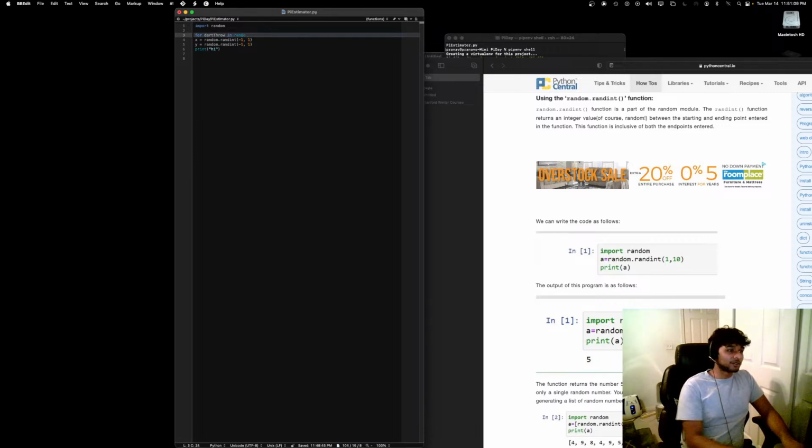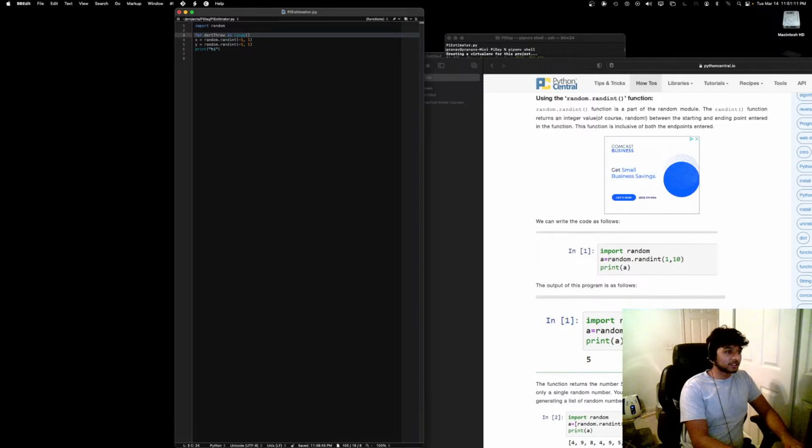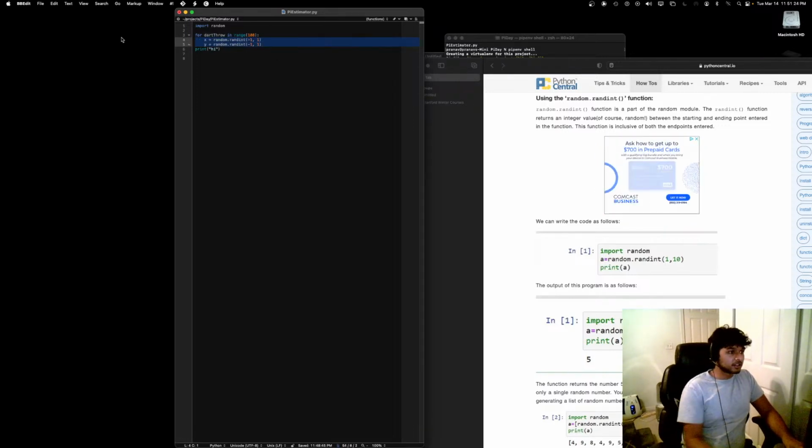We're going to want to do this multiple times, and this number is going to tell us how well we're going to approximate pi.